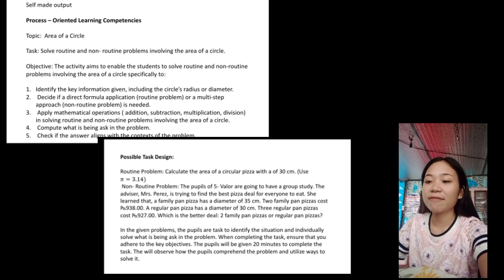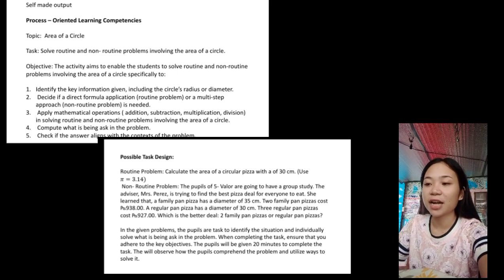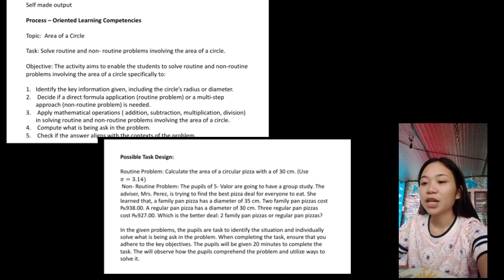And next, apply mathematical operations, addition, subtraction, multiplication, division, in solving routine and non-routine problems involving the area of a circle, and compute what is being asked in the problem and check if the answer aligns with the context of the problem.